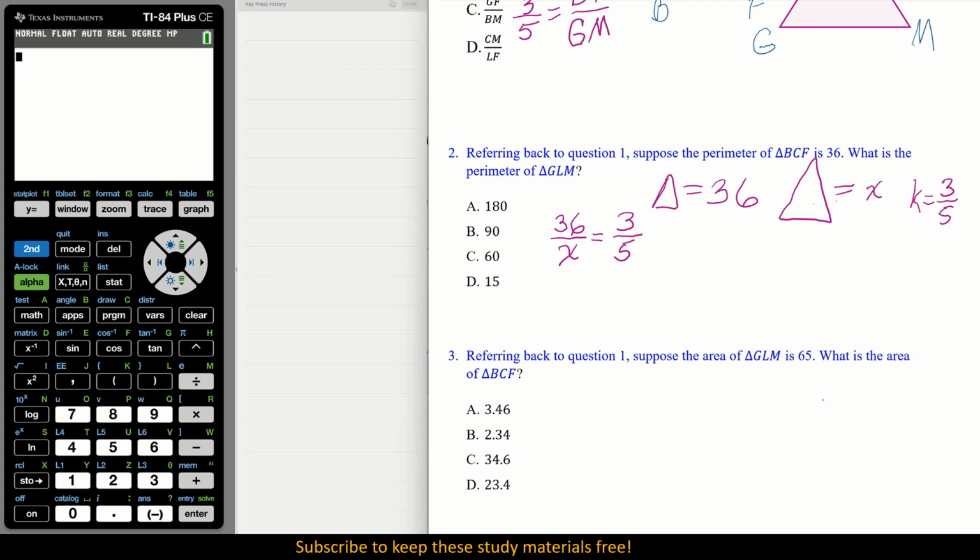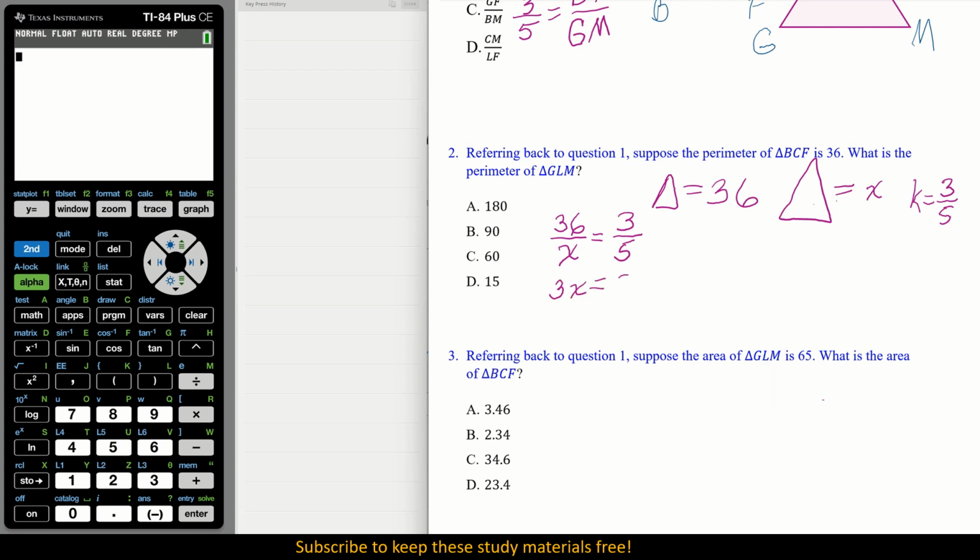Notice I'm using the setup where I'm associating the smaller portion, the A is smaller. Remember how we had it in our table. So the 3 is smaller, so I am going to correspond it to 36. So we just solve now.